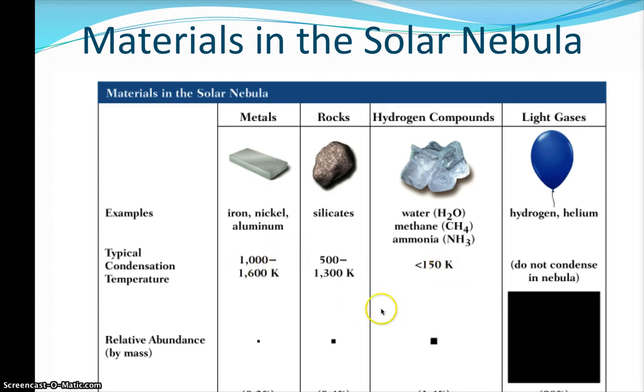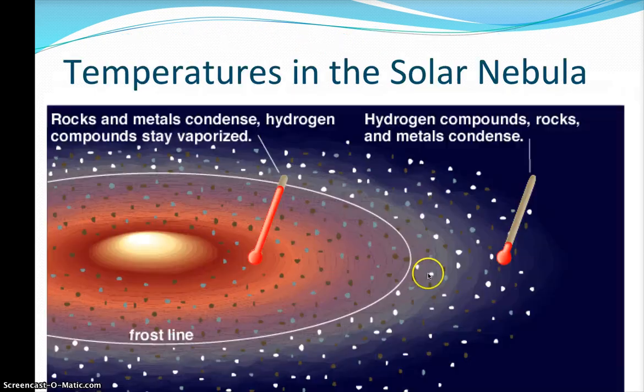So even though there's not a lot of rocks and metals in the solar nebula, they could be in solid form close to where the sun was forming, allowing for the formation of terrestrial planets that are largely made up of only the rocks and metal material. We didn't see any of the hydrogen compounds because they stayed in gas form in the inner solar system.